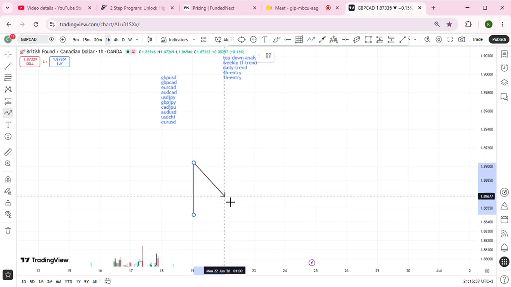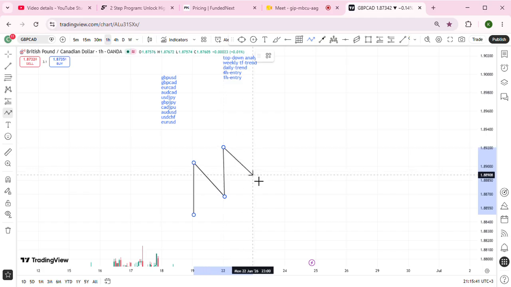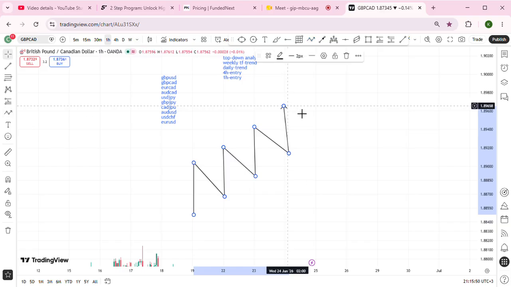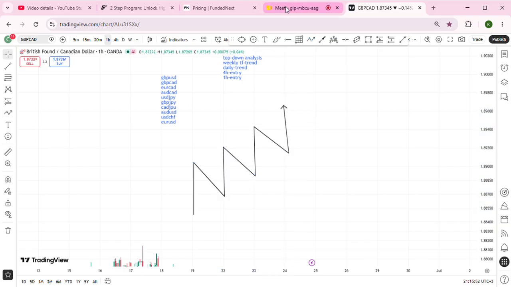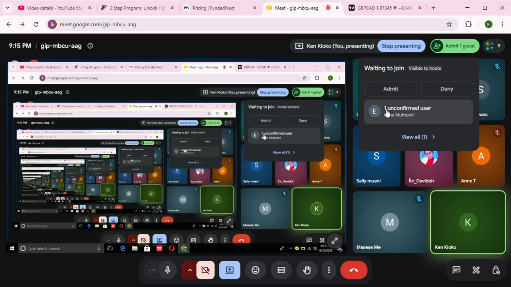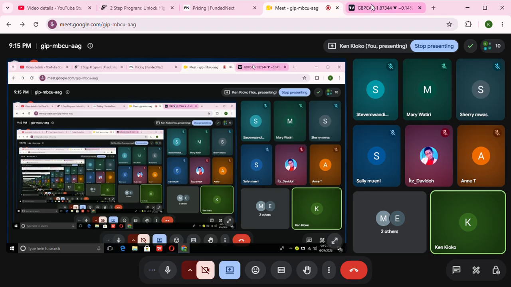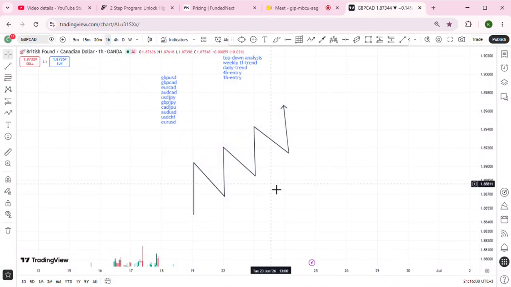So it will go up, come down, go up, come down, go up, come down, go up. That is how the market will be behaving in an uptrend.